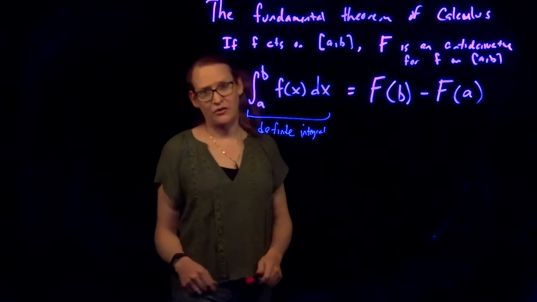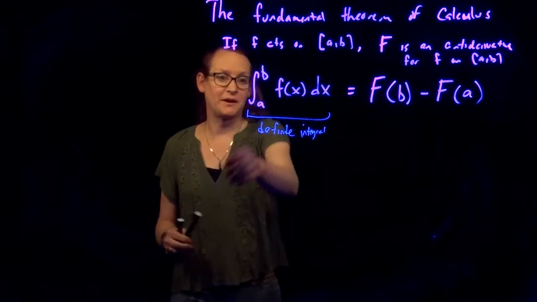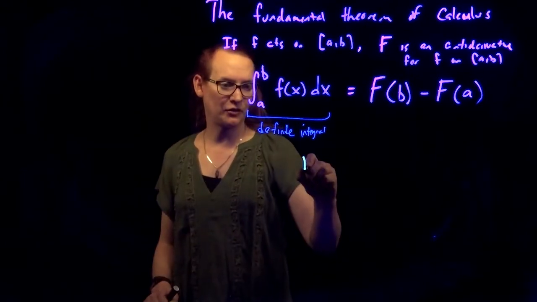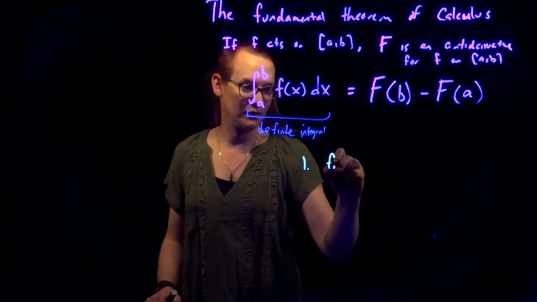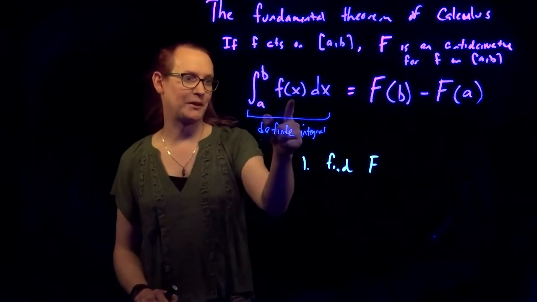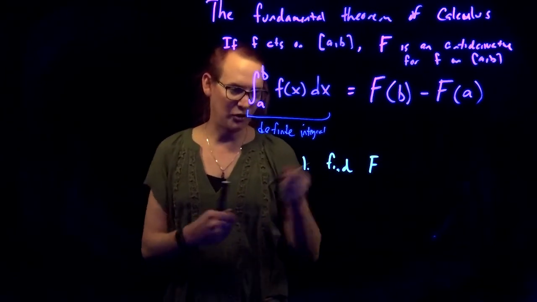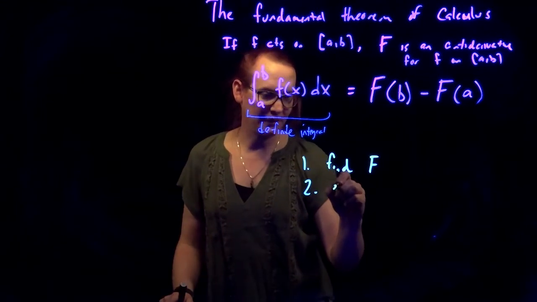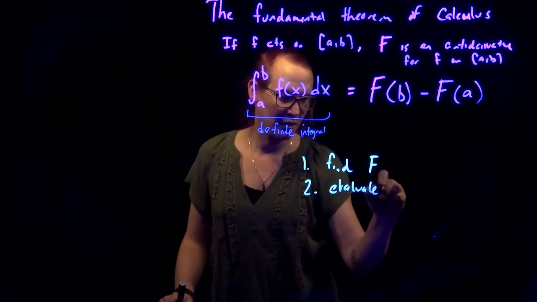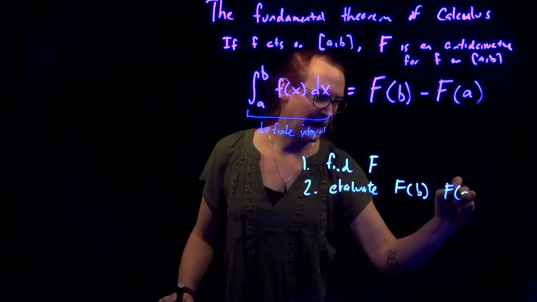This theorem suggests a two-step process for me when I'm doing a definite integral. I feel like step one is we need to find capital F in order to be able to answer this question, because I'm going to evaluate it. And then I'm going to, as step two, evaluate capital F at b and capital F at a.